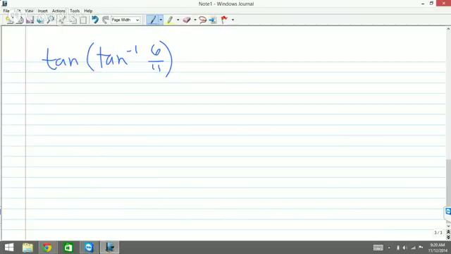Okay, this goes to the concept of inverses. This should be automatic. What's the answer? This is akin to saying this.